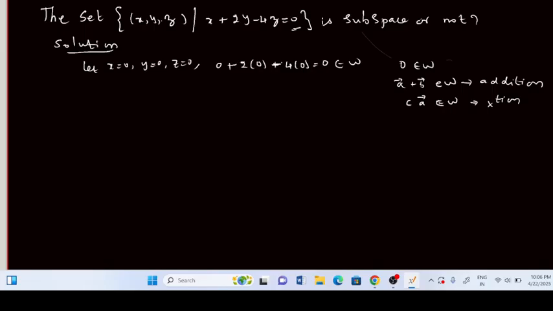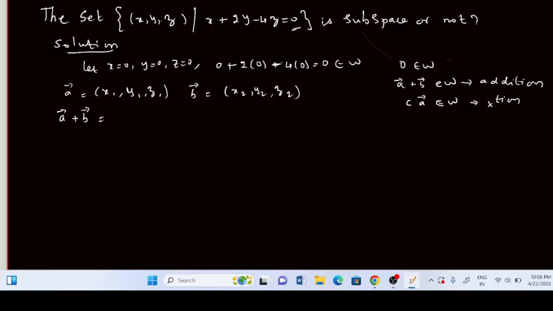The next one is we consider the set of vectors. Let a vector be x1, y1, z1. Similarly, we write the another vector b as x2, y2, z2. Now we add these two, a vector plus b vector.